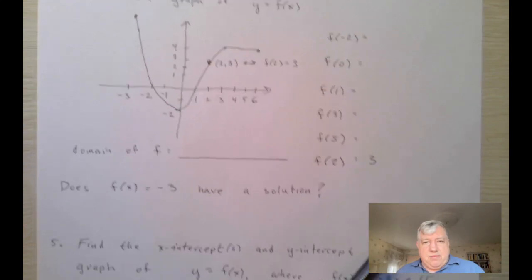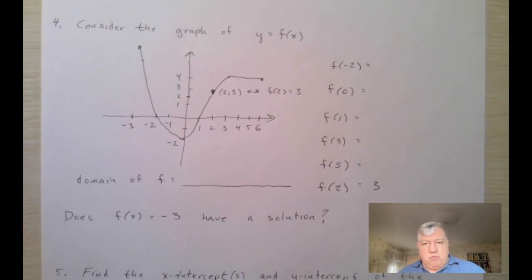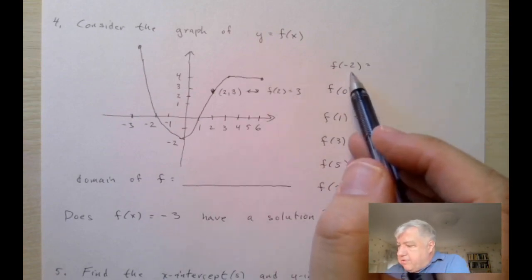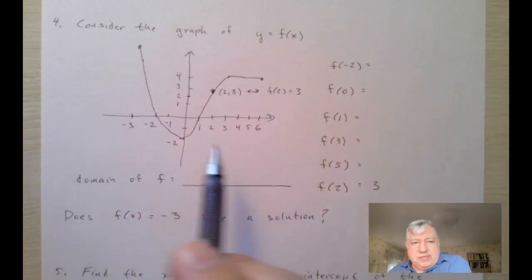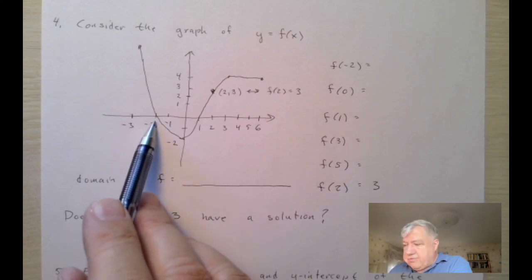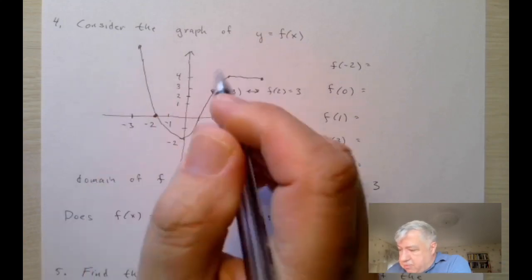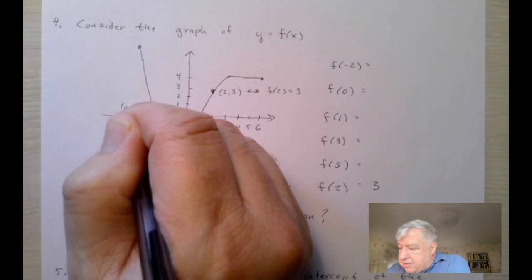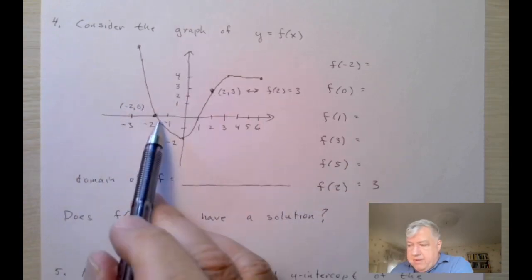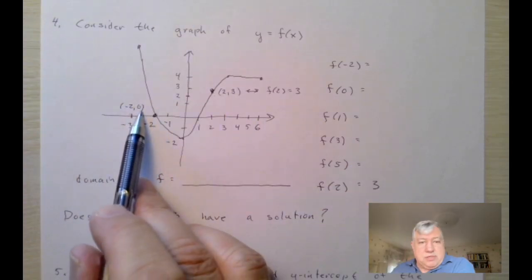Basically, to find these function values, they give us an x value, and we look at the corresponding y value. So for negative 2, we look on the graph and see where x is negative 2. That's right here, and the point is (-2, 0), so the y coordinate is 0.